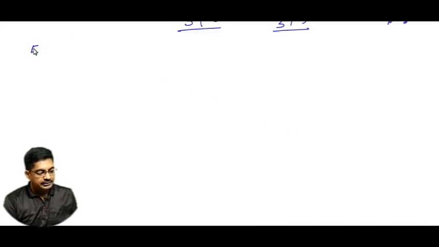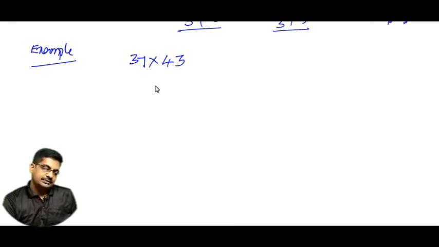Take another example. Now let us multiply 37 into 43.